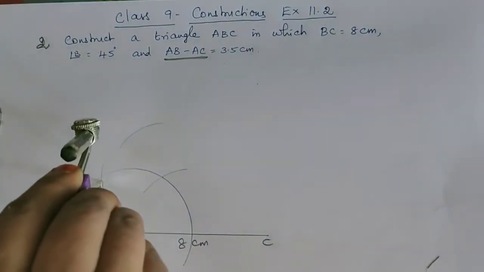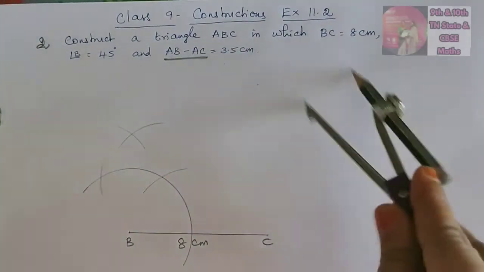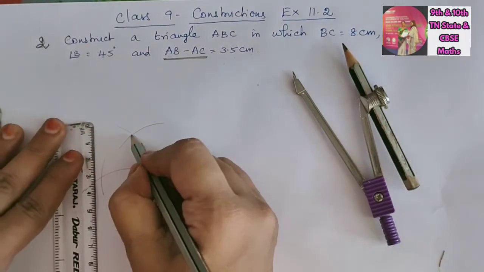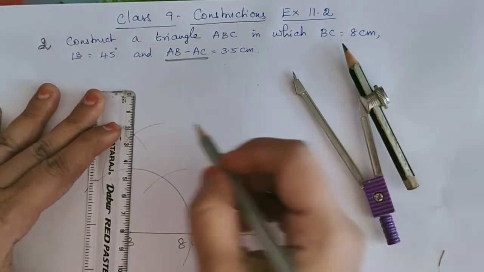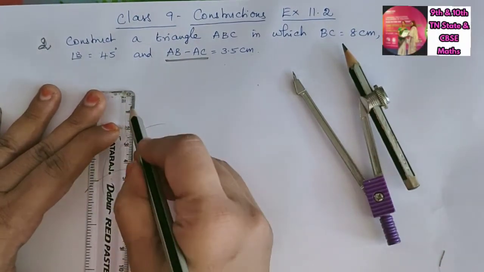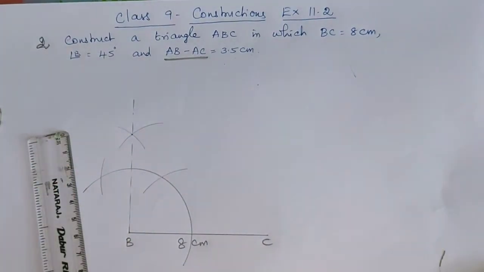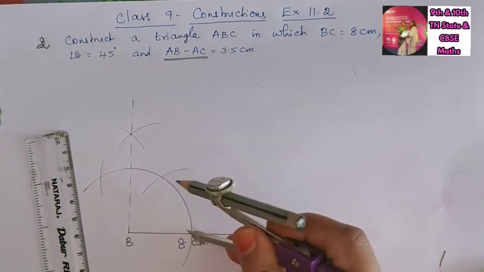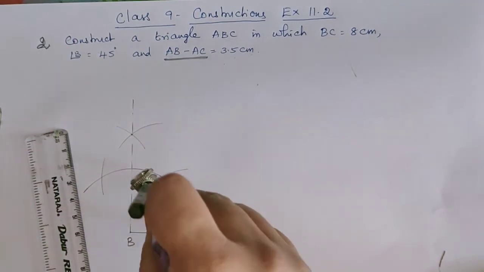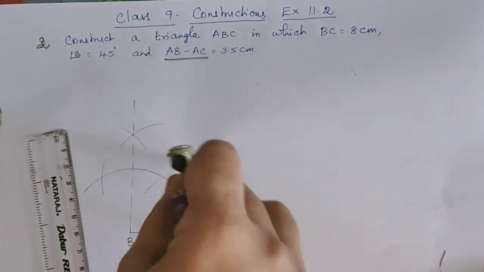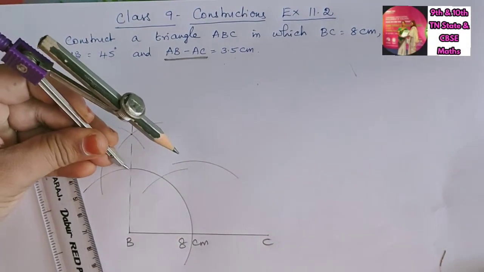First one is 90 degree. So we'll use dotted lines to join that. Then if we bisect this angle, we'll get 45 degree. So we are bisecting this angle.